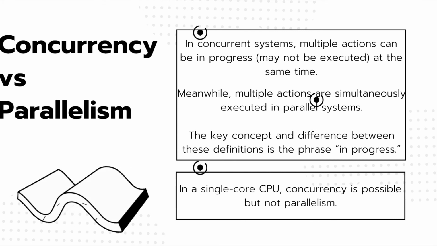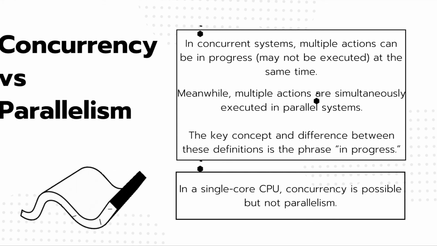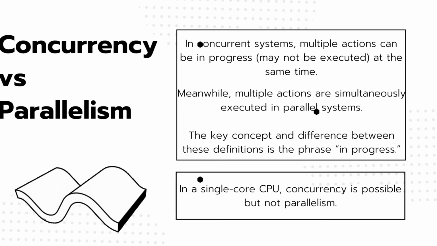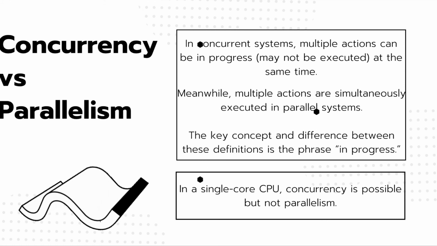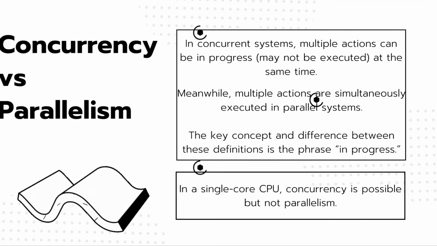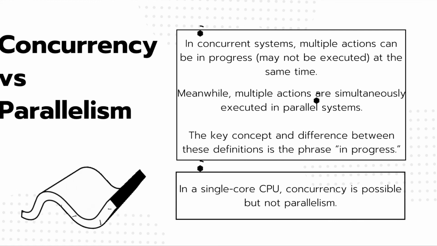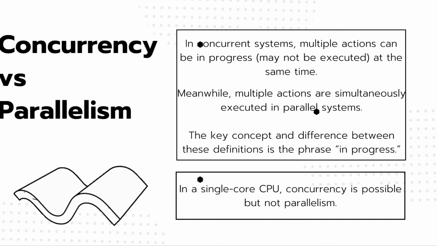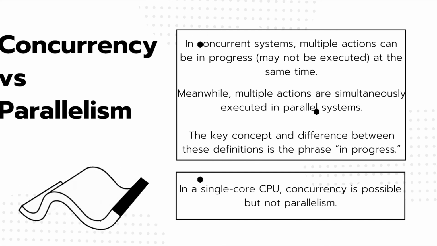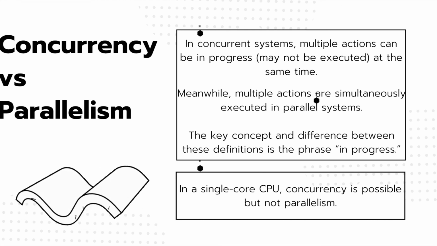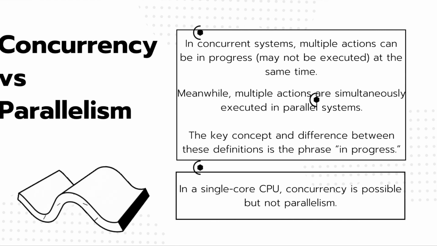Concurrent has to do with dealing, while a parallel system has more to do with multiple actions getting executed simultaneously. So the key concept and difference between these definitions is the phrase "in progress." Like I already mentioned, in a single core CPU, concurrency is of course possible, but not parallelism. Parallelism does require multiple cores for two things to be executed simultaneously.